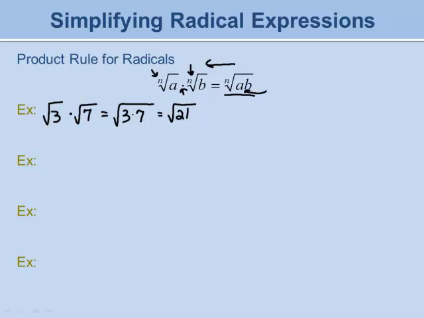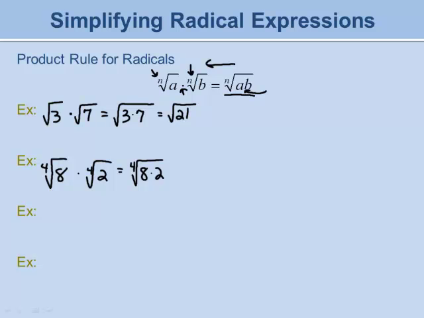Okay, now let's say that we were asked to find the fourth root of 8 times the fourth root of 2. Again, since that's a multiplication problem and both of those radicals have an index or a root of 4, we can do the multiplication step underneath a single radical sign.